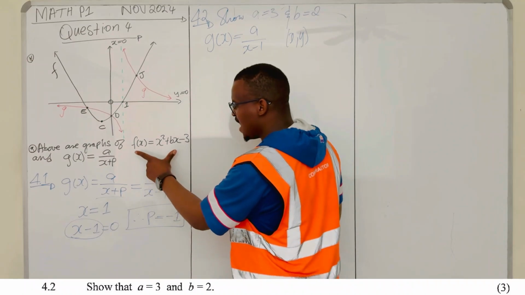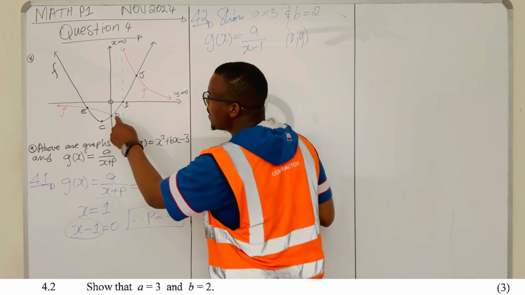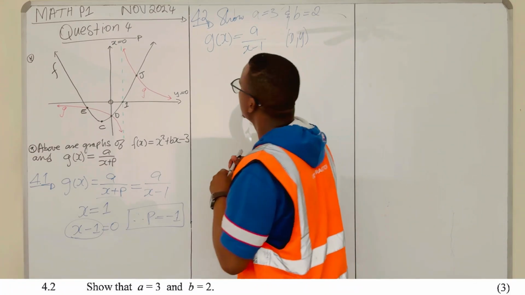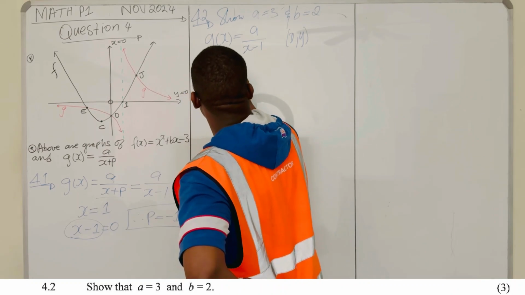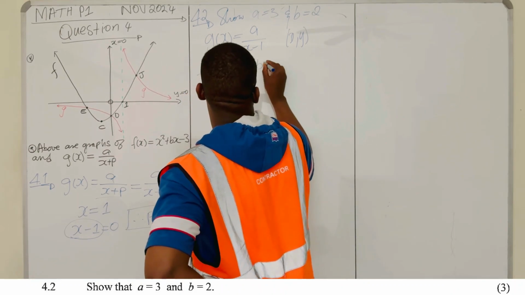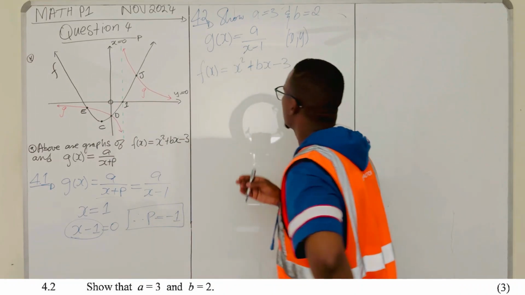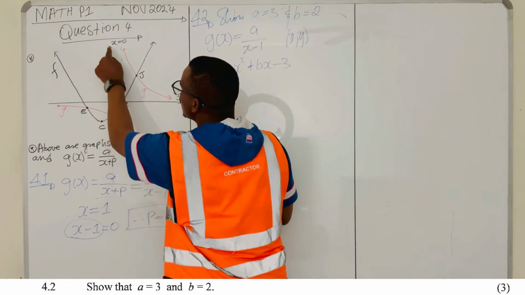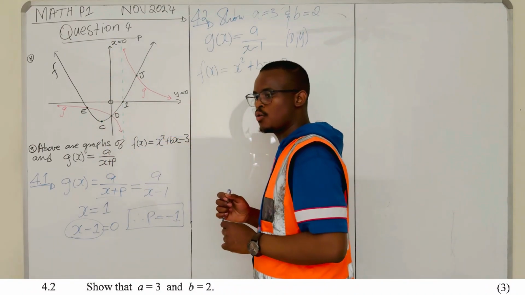So on a function f, which is what you have here, if you substitute your 0, then you will be able to find the y coordinate of D. Yes. So in that case, f of x was given as x squared plus bx minus 3. We know at D that x is 0 because x along this line is 0.